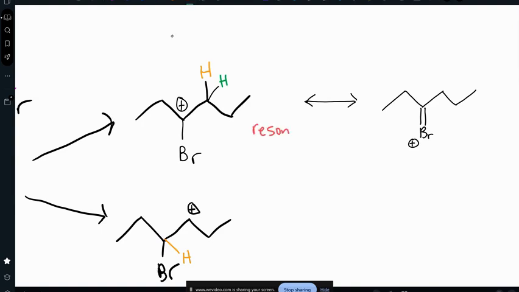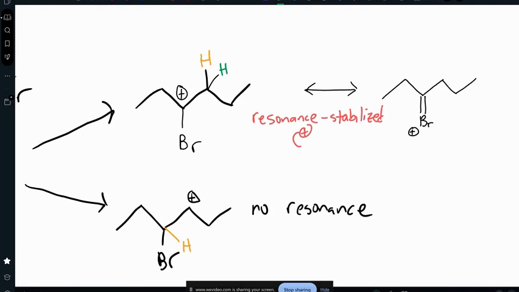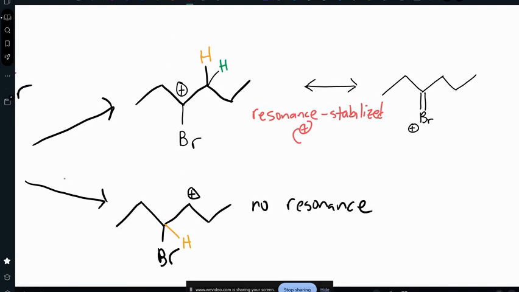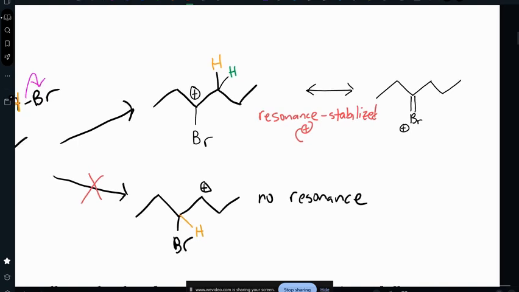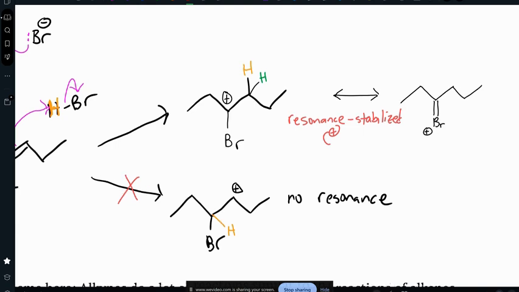So this is a resonance stabilized carbocation, whereas here there is no stabilization. Based on that, we are unlikely to form this carbocation. It would be formed much more slowly than the carbocation where the bromine can resonance stabilize it.